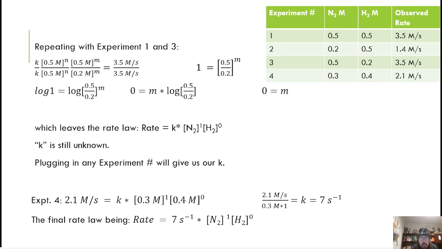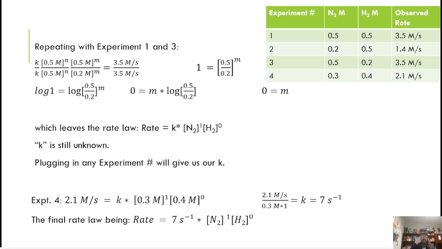If this reaction works out nicely, any of our 4 experiments should give us the same k. In an experimental setting where the numbers are not quite so nice, we may actually have to find k with each experiment and then average our ks. But it doesn't matter which experiment you use, you should get close enough to the same k unless you have one experiment that is particularly bad.